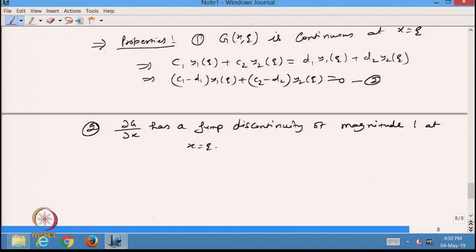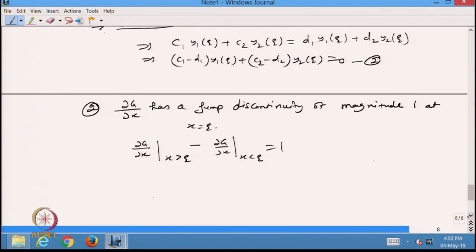So, if you see from here, I can define that del g by del x for x greater than xi minus del g by del x for x less than xi, defined at x equal to xi, is equal to 1.